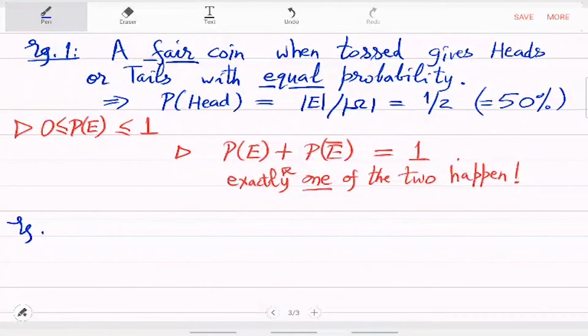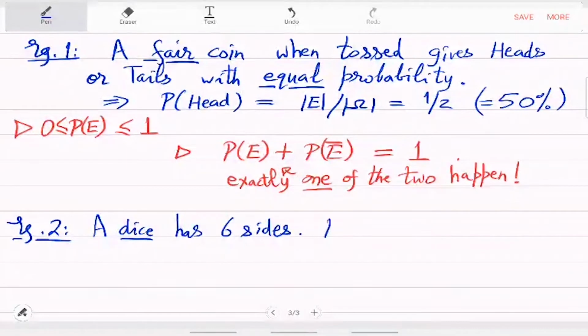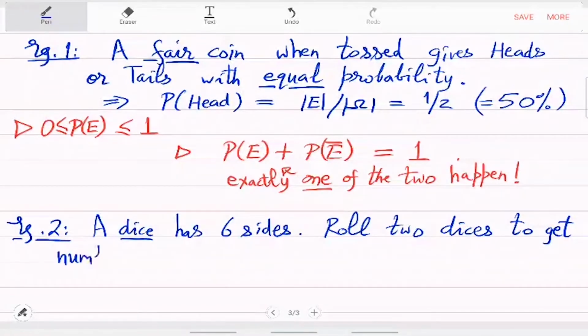Let us make it slightly more interesting, and let me say that a dice has 6 sides, numbered 1 to 6. Roll 2 dice to get numbers x and y.